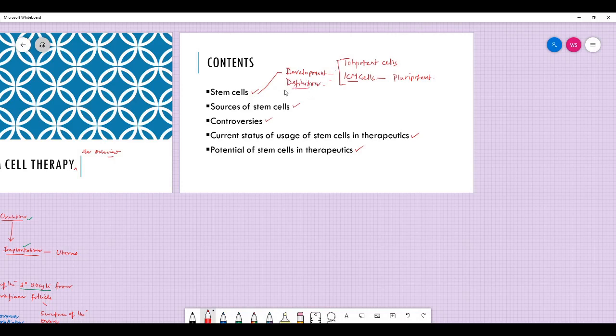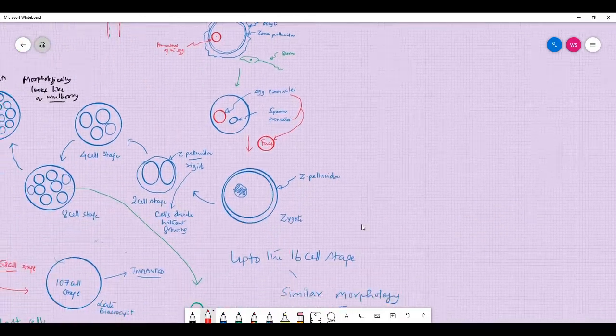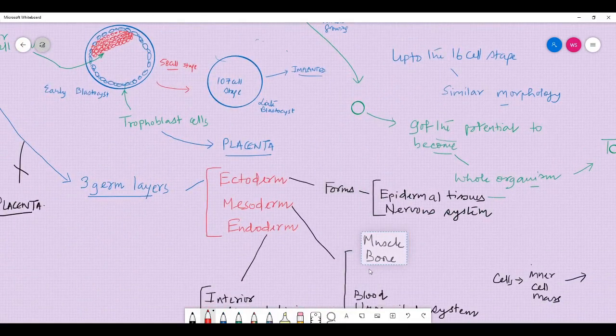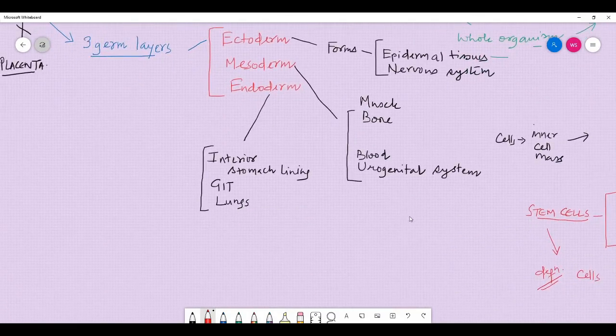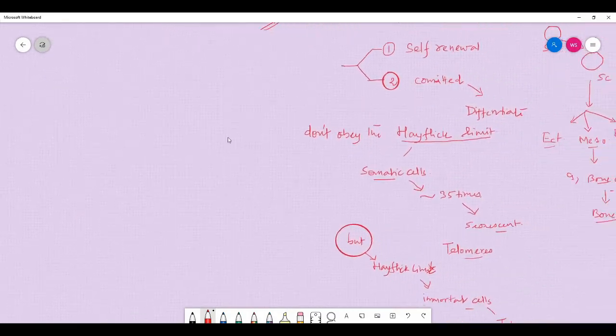We discussed what a stem cell was, and that it has two important properties. One is self-renewal. What's the other property? It can get committed and then it can differentiate. The other thing we said is that stem cells are immortal cells. They have telomerase activity.